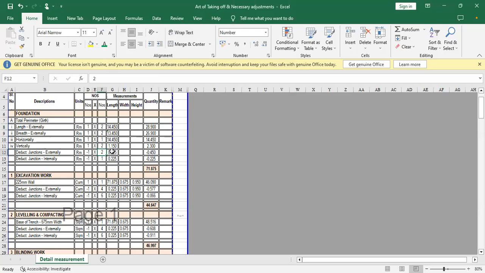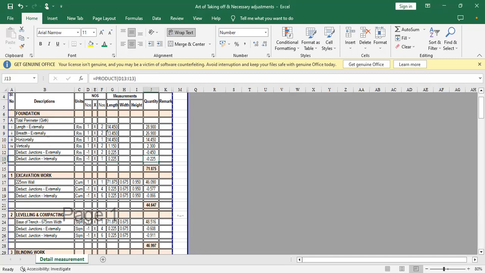Half of 225 in 4 places will give us 450 externally, that is the main 4 corners. Likewise, the internal partitioning wall, we also need to make deduction for the junction, which is half of 225 in 2 places, which is why we have 225.